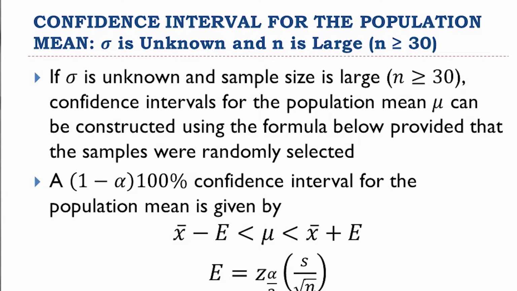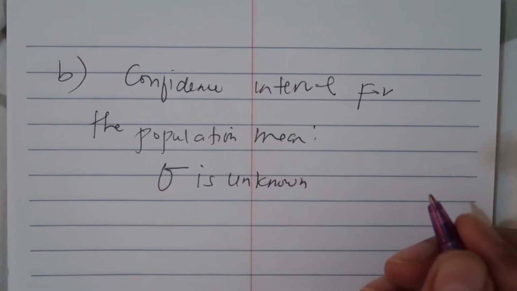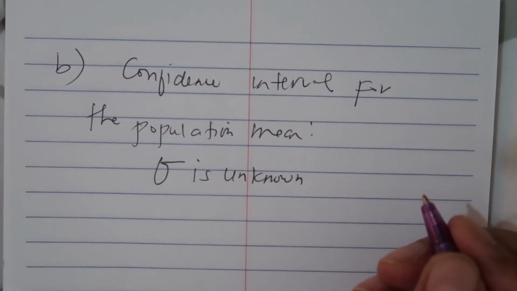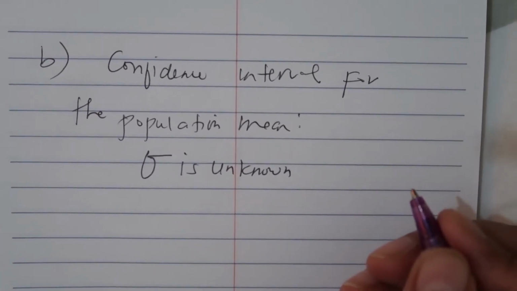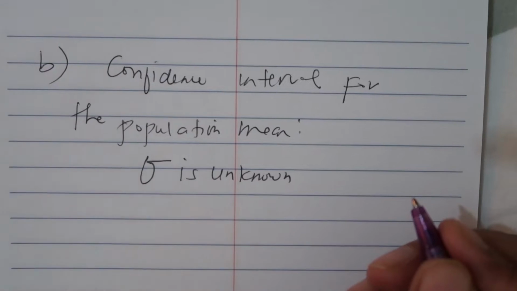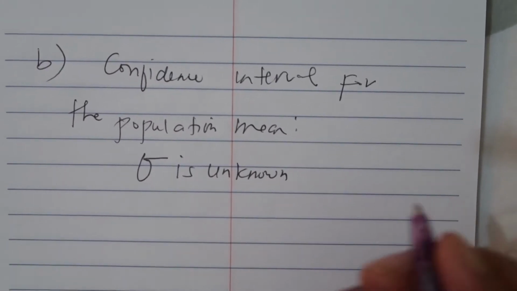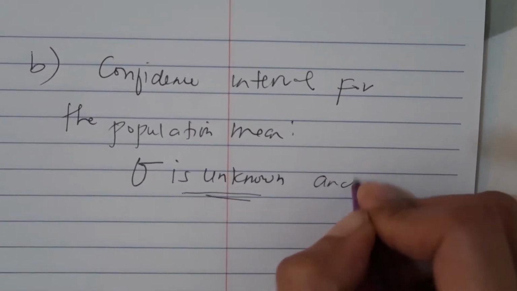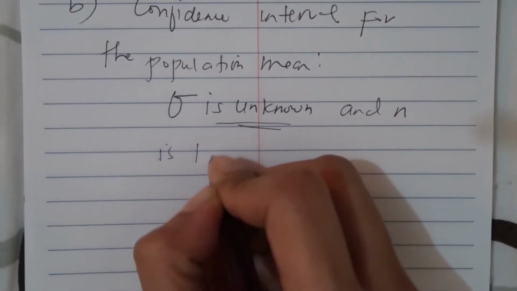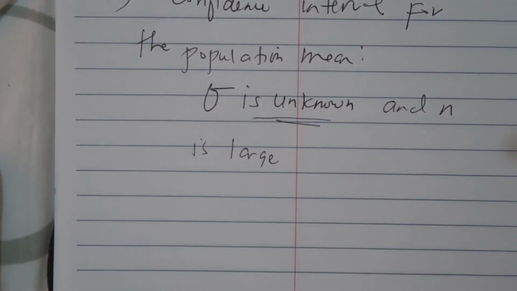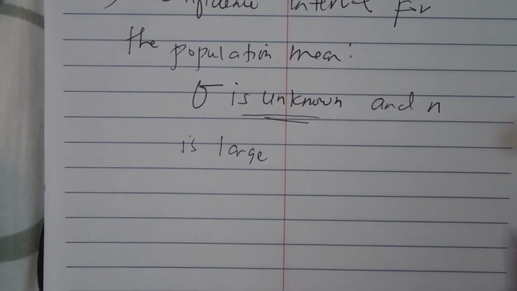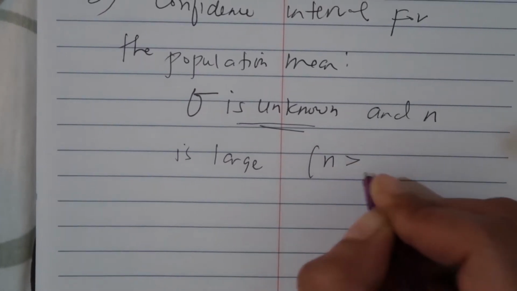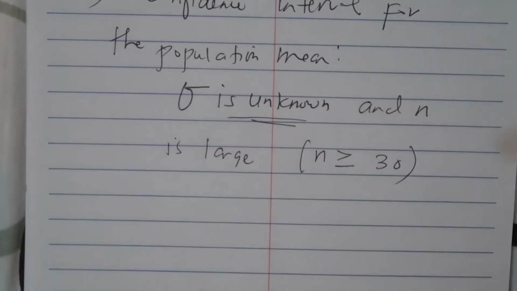In the first condition, sigma, the standard deviation of the population, is given. In the second condition, this time it's unknown, meaning it's not given. And n is large, meaning n is greater than or equal to 30.